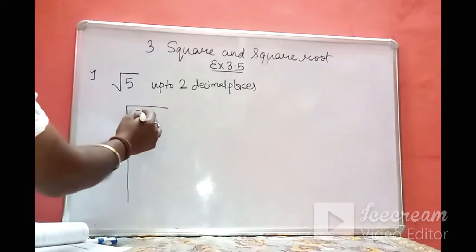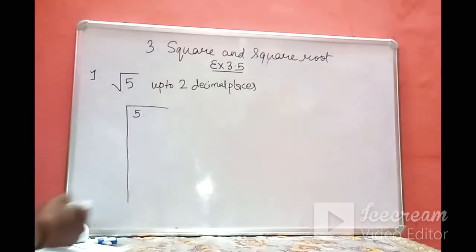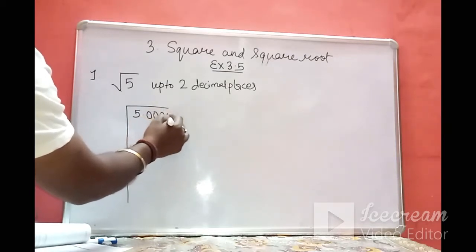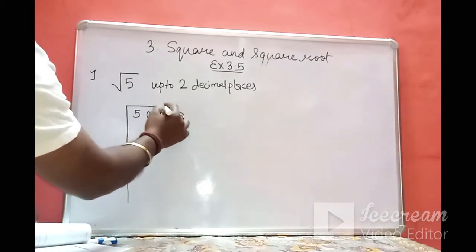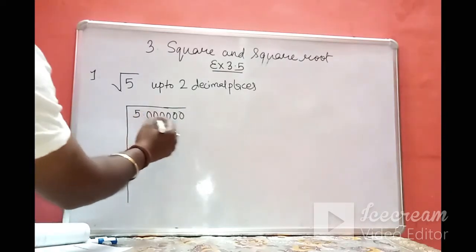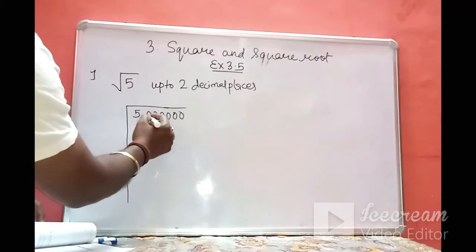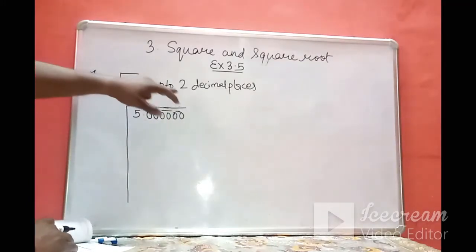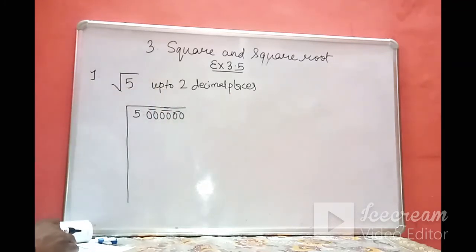then I will put a decimal here, and after the decimal I will make 6 zeros, that is 3 pairs of zeros. Now why have I taken 3 pairs? Because it is written as 2 decimal places.